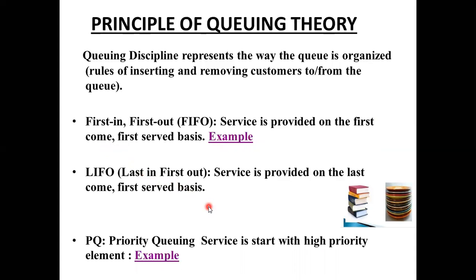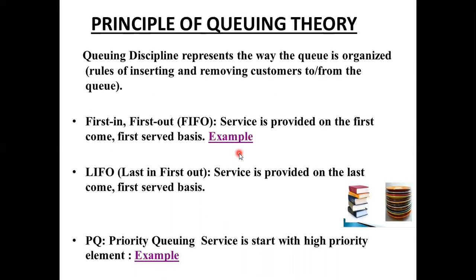As you can see from the name, the service is provided on a first come, first served basis. The customer who comes first will be served first. This example of queue theory is called first in, first out.